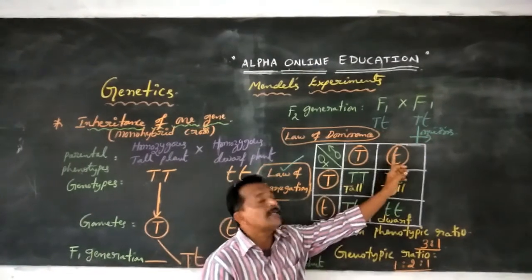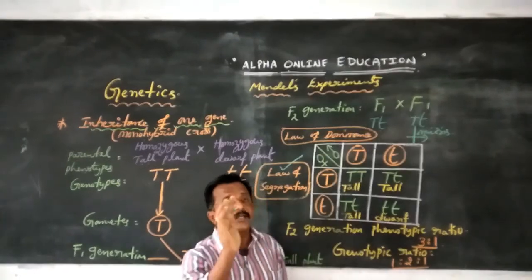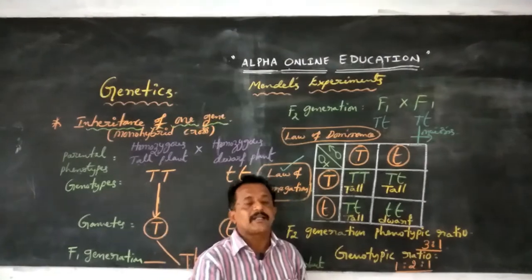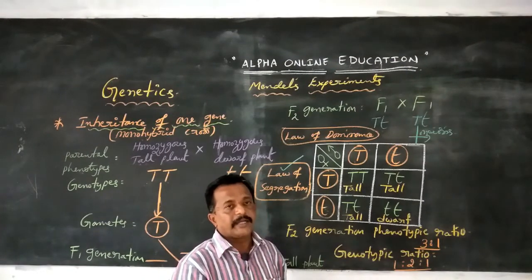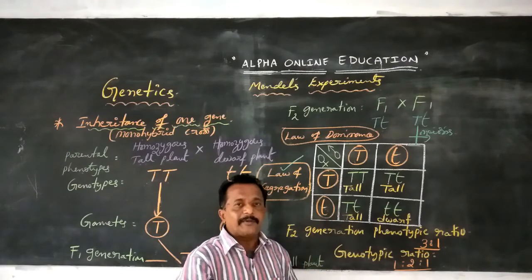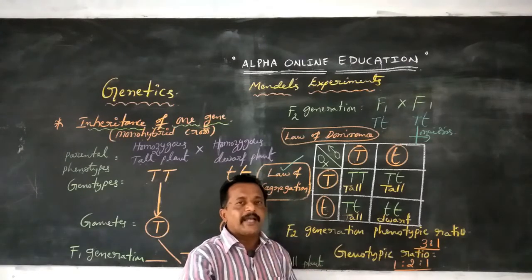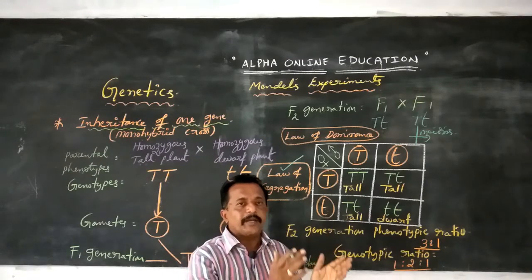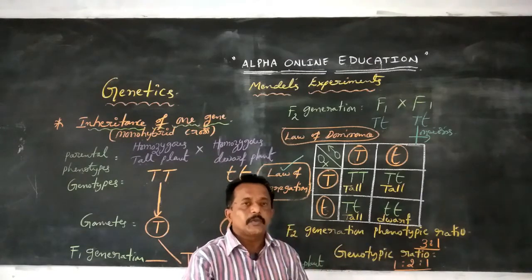That is known as the law of segregation. So those gametes are formed: two male gametes and two female gametes, and these male and female gametes fuse.